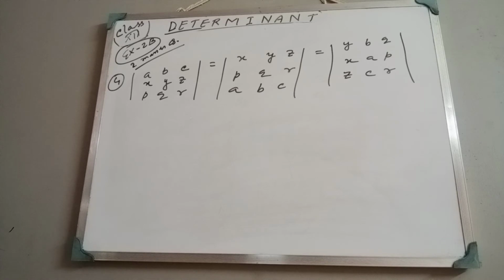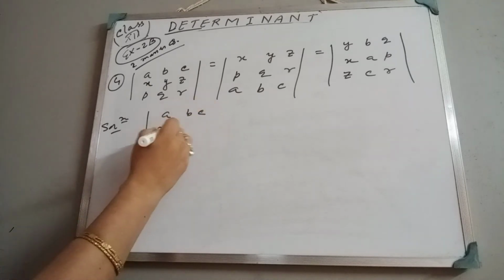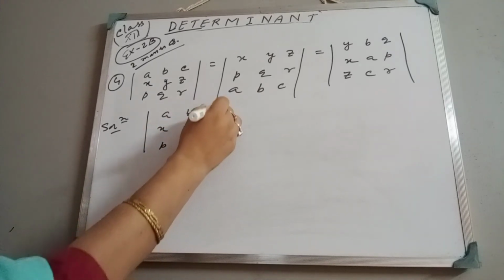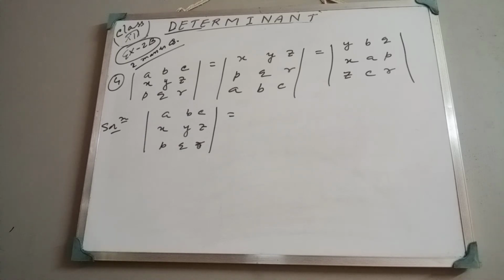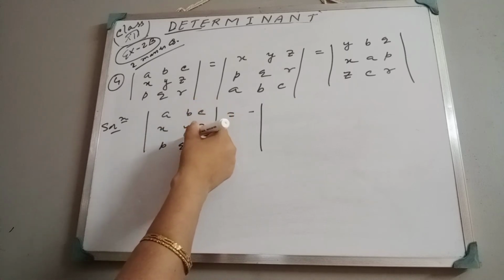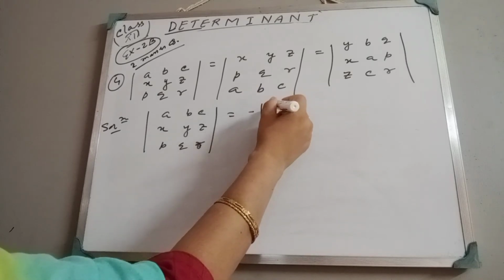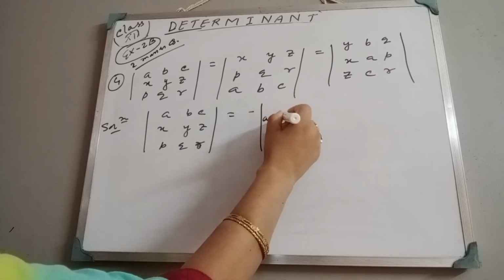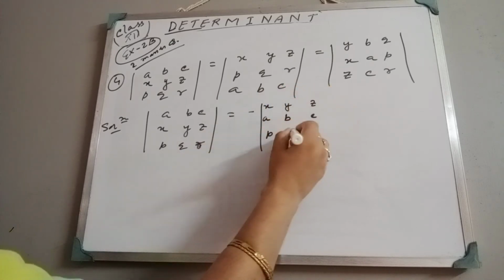Okay, now the solution. A B C, X Y Z, P Q R is equal to, if the first row we write in the second row, and the second row in the first row, then there will be a minus sign change. So the second row X, Y, Z comes to the first row position, and A, B, C goes to the second, with P, Q, R remaining the same.